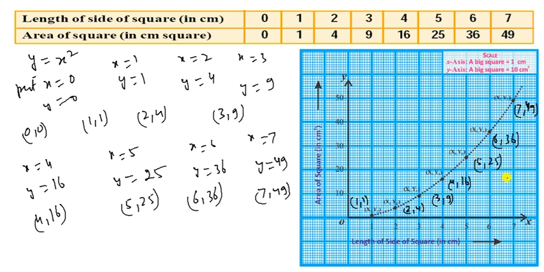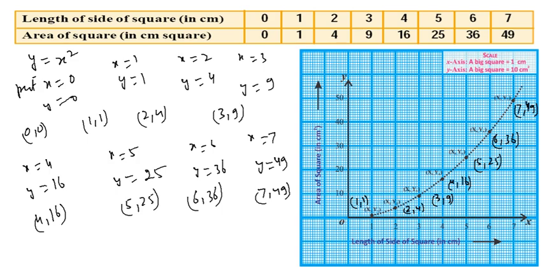You have to write on this plot and draw the graph like this. It is given in your notebook also. So first you calculate like this and then draw the graph in your copy.